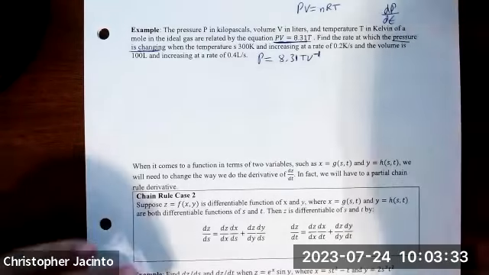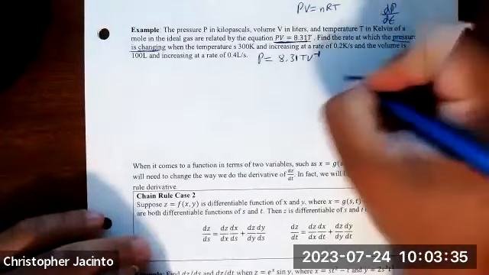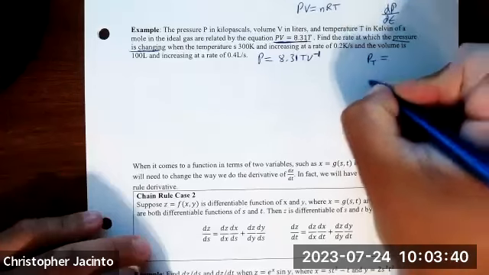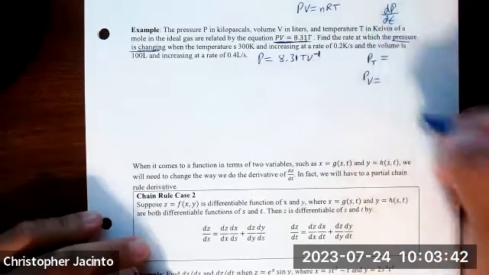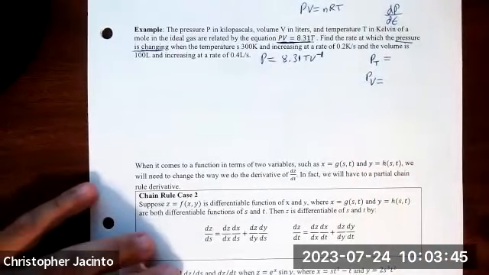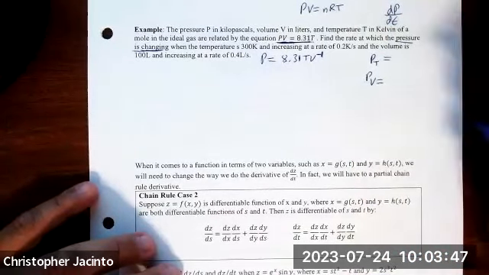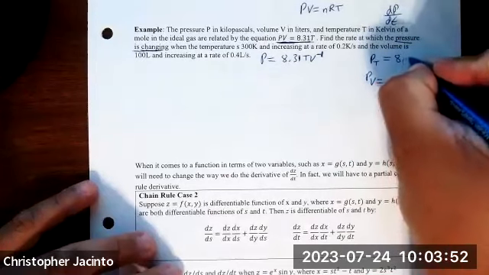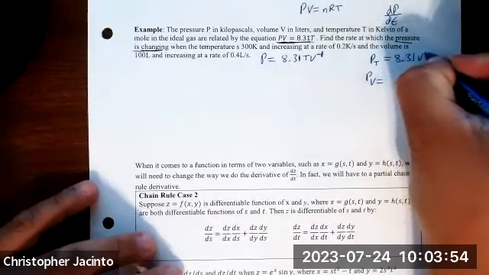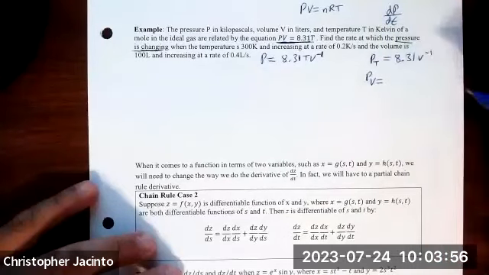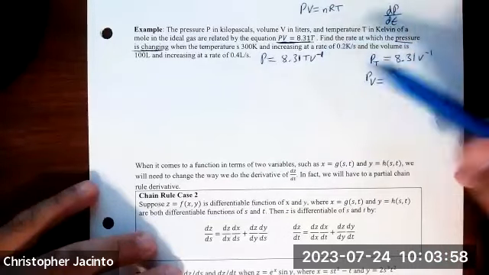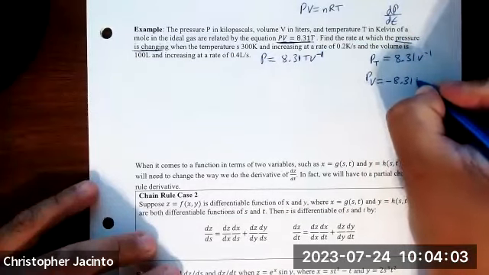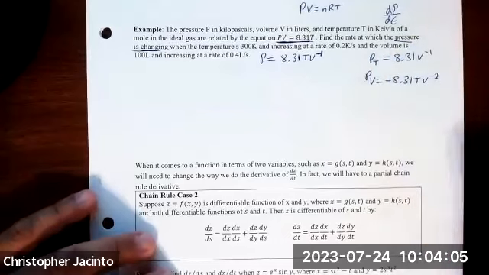Okay. So I need to find two things, just like we did earlier. We need to find the derivative with respect to temperature and with respect to volume. That's like our x's and y's. The derivative with respect to temperature is just going to be itself without a T. And now the derivative with respect to volume is that.